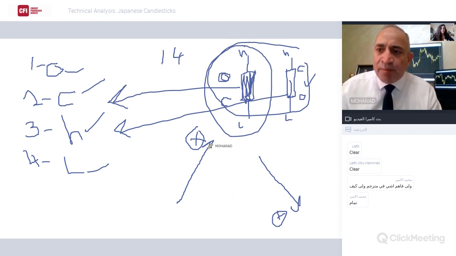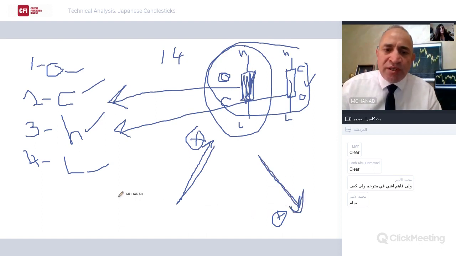The reversal candlestick patterns we will study after a moment must appear at the end of an uptrend or at the end of a downtrend, while the continuation candlestick patterns should appear in the middle of a trend, even if uptrend or downtrend.